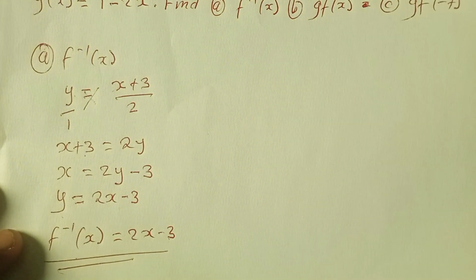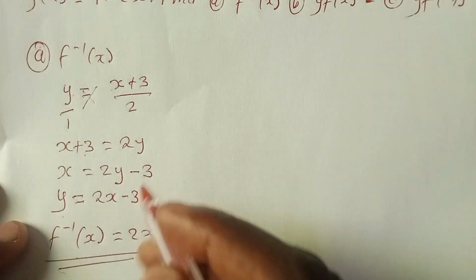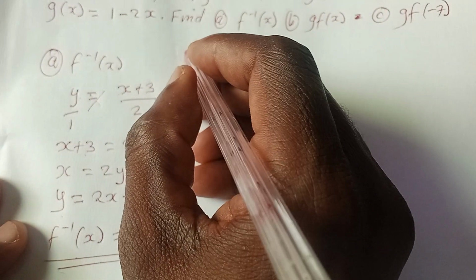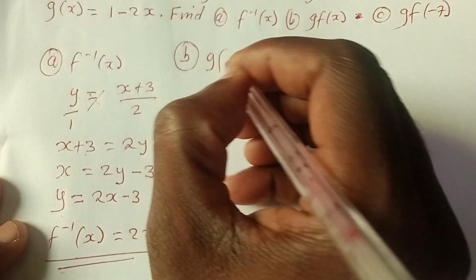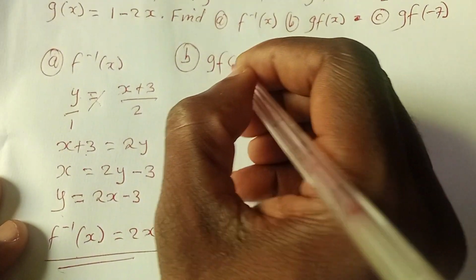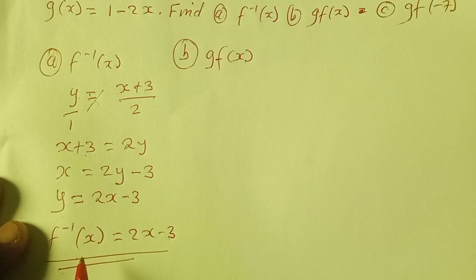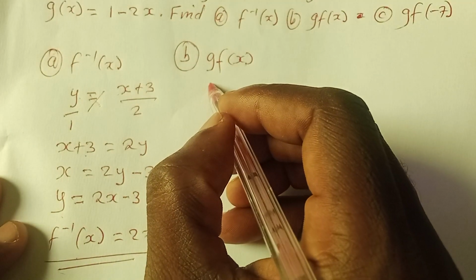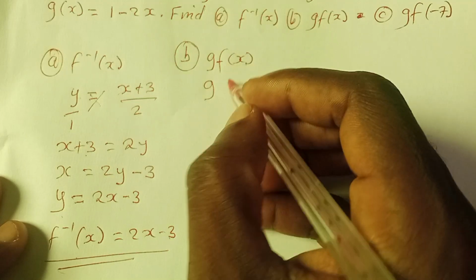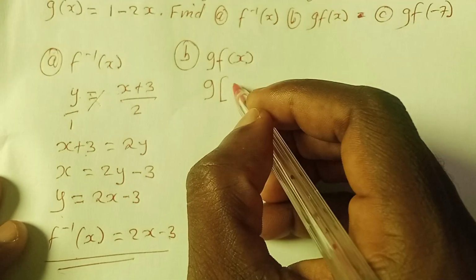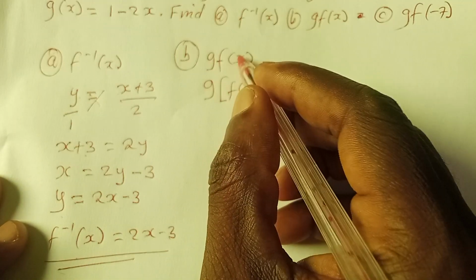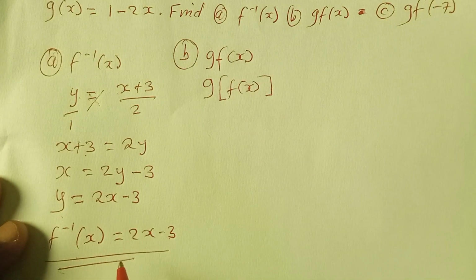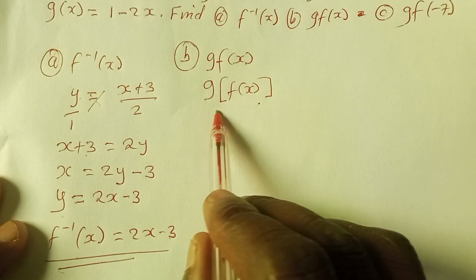Then after you have found the inverse, you can go to question number 2, which is (b). This one is g f of x. So g of f of x, this is just a matter of substituting. Here we can open a curly bracket because of the brackets there.